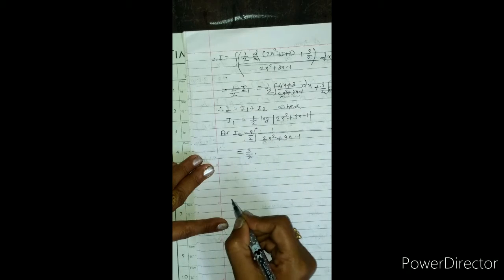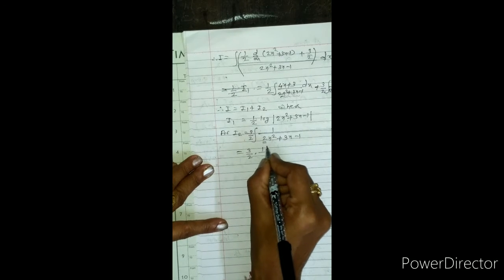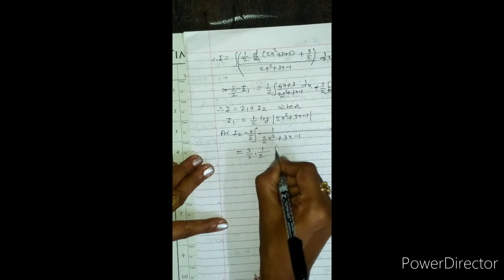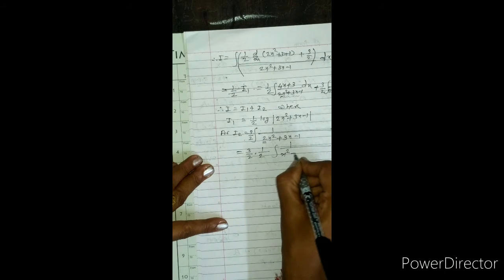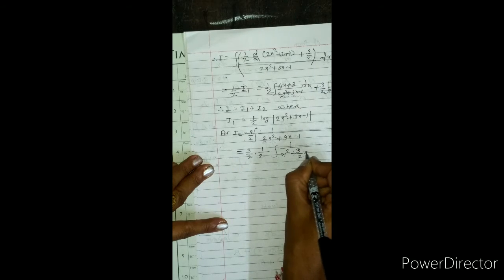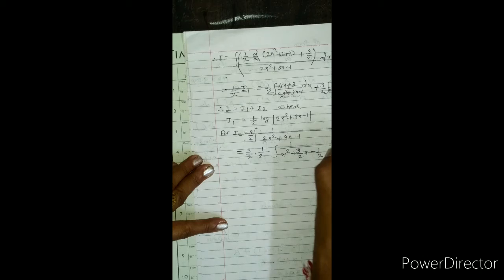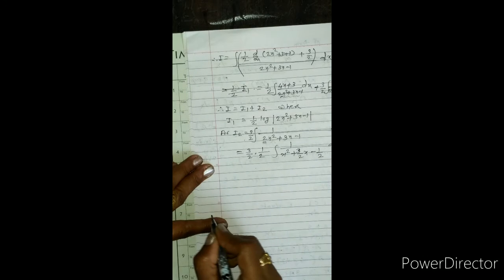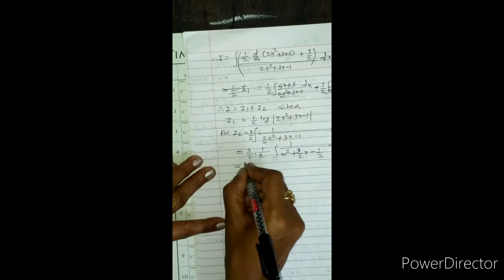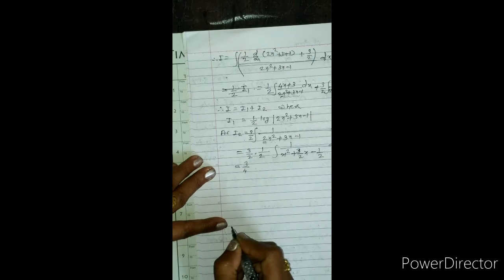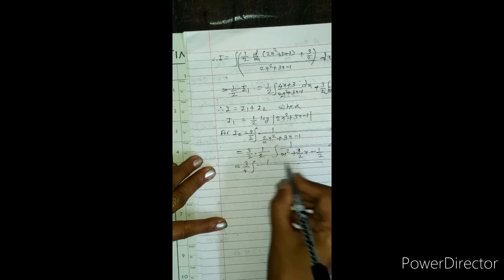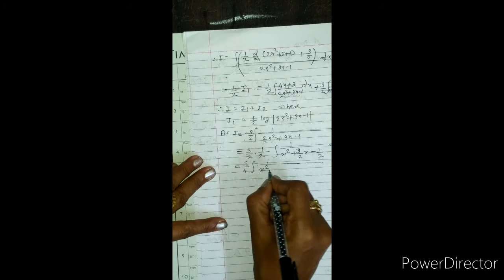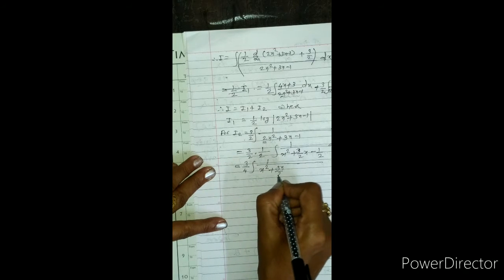Now try to make the coefficient of the square term unity, so take 2 common from the denominator. The denominator becomes x square plus 3 by 2 x minus 1 by 2, and the constant outside becomes 3 by 2 into 1 by 2, that is 3 by 4. Now we add the third term to x square plus 3x by 2.